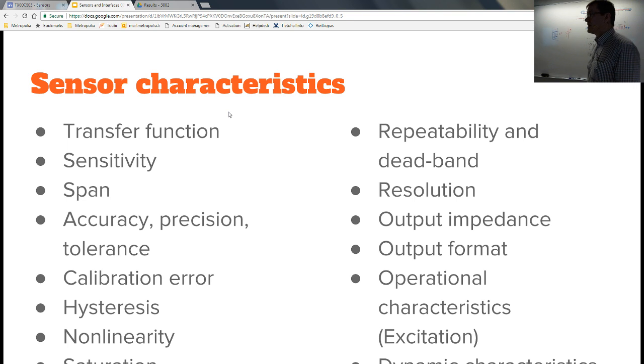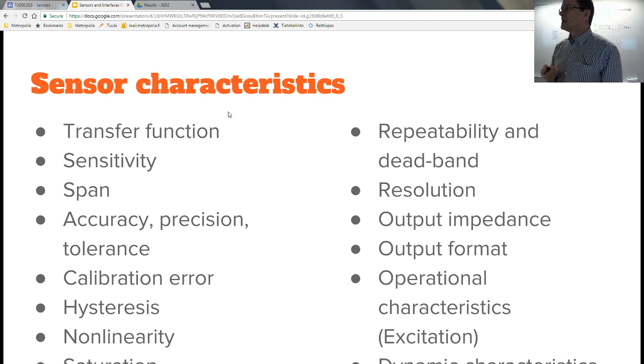Hysteresis, from physics. For example, ferrite materials have hysteresis. It means that when the signal is going up, it goes a different way than when it goes down. So basically the output has a memory of the previous values.